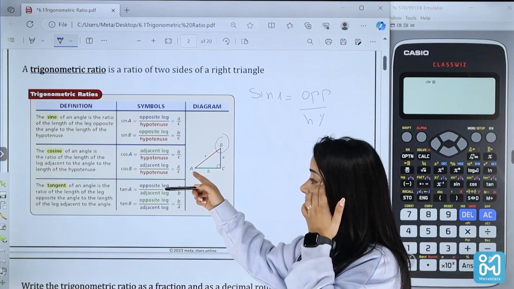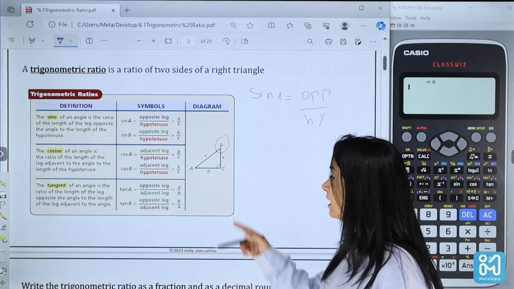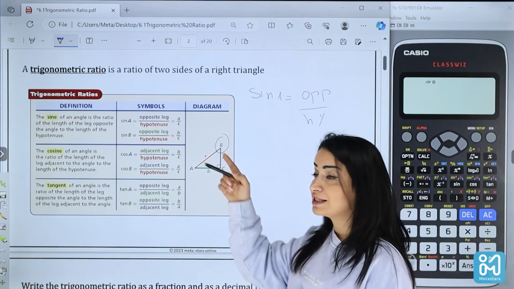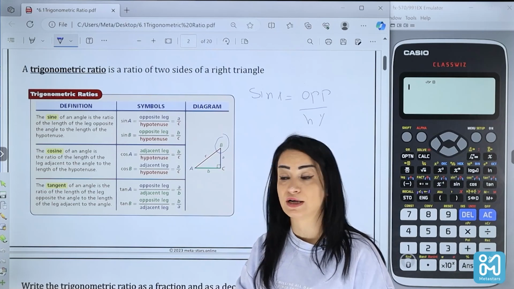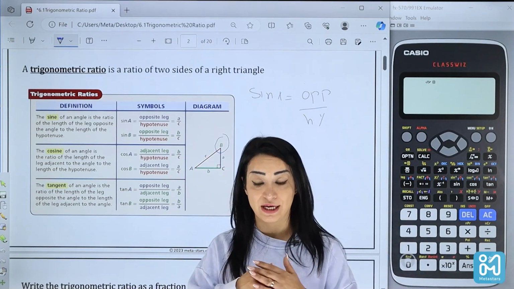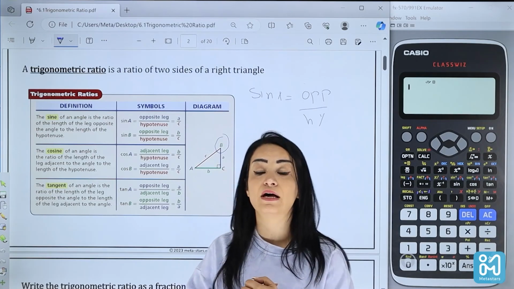Now, let's say angle A. What is the adjacent side of angle A? It's side B. And the hypotenuse is C. So adjacent over hypotenuse is B over C. This relation, adjacent over hypotenuse, we're going to call cosine.